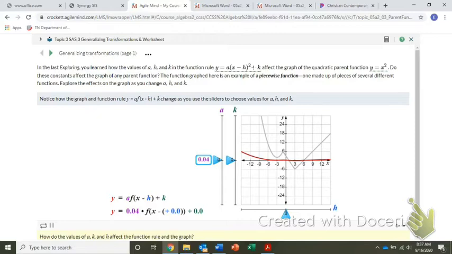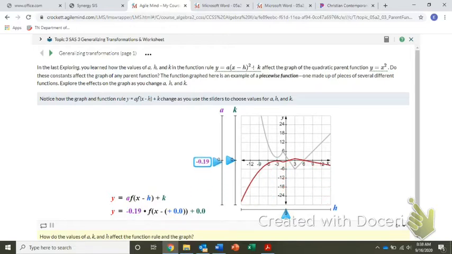Let me get it exactly. There we go. Straight line right on 0. If I go less than 0, you notice that the graph does two things. It flips across the x-axis, and then if that negative is greater than 1, then it becomes more narrow.